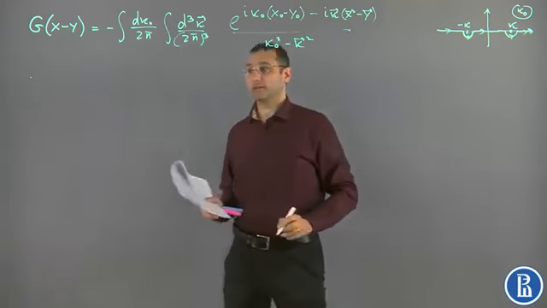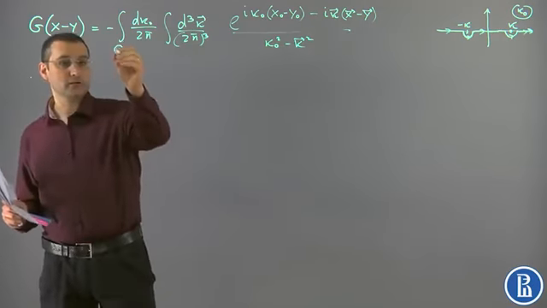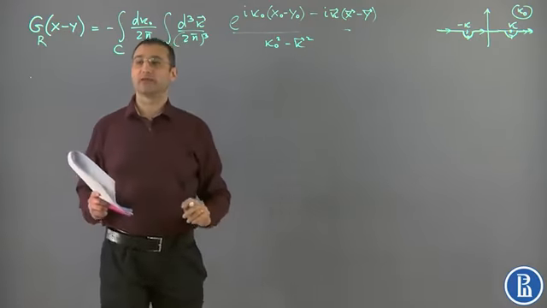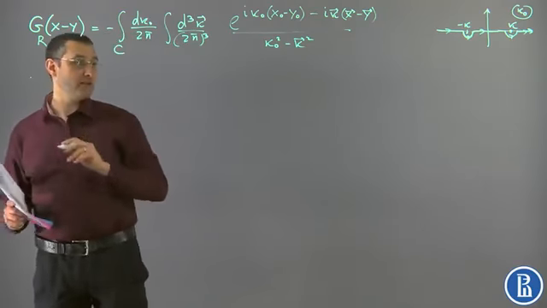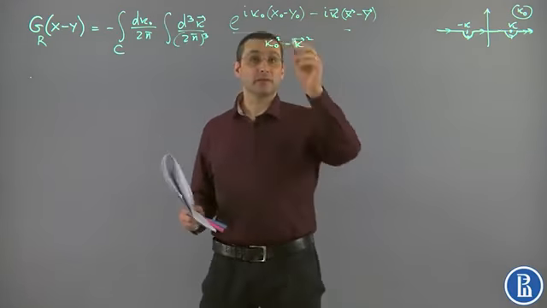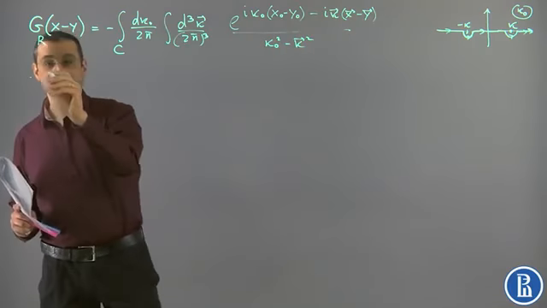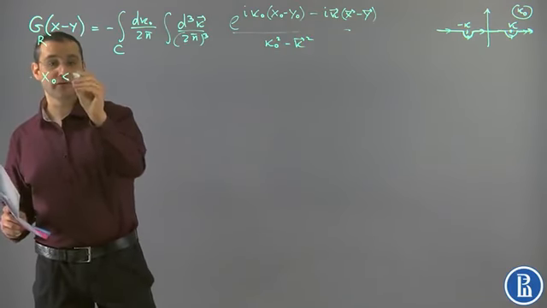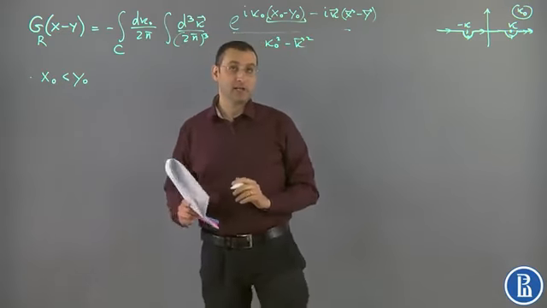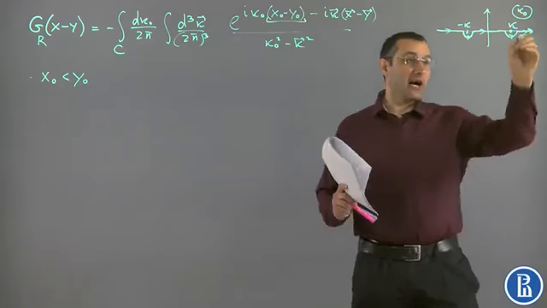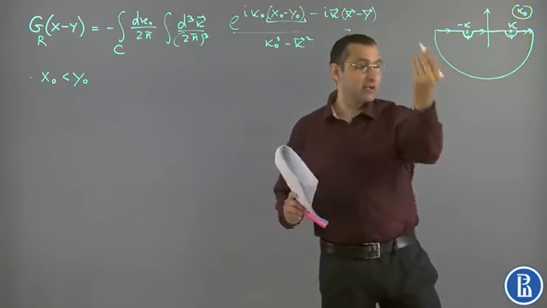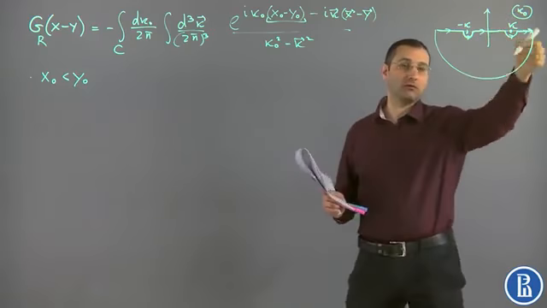Now, why is it that if the contour, let me call it C, goes like this, this function obeys the property of the retarded Green function? The reason is the following. Consider the situation that x0 is before y0, which means that this quantity is negative. If this quantity is negative, I can close the contour in the lower plane by an infinite half circle.